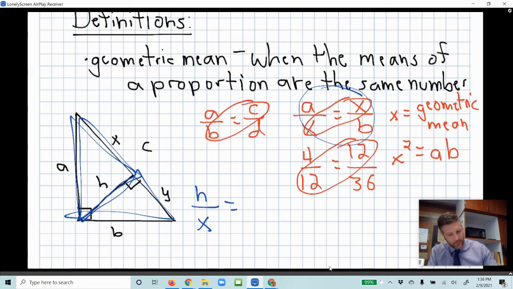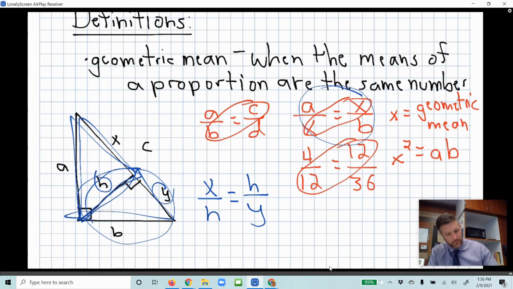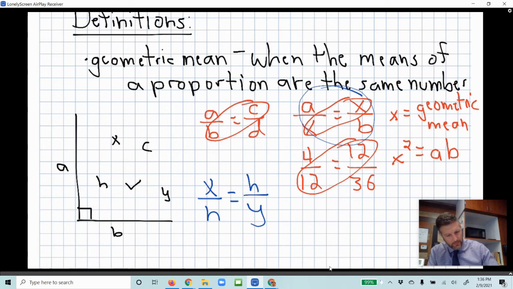Actually, let me do it a different way. Let's do x over h equals, and then if I were to compare it to this triangle here, I would get h over y. Okay, now I've scribbled all over that. Oh, let me redraw that.